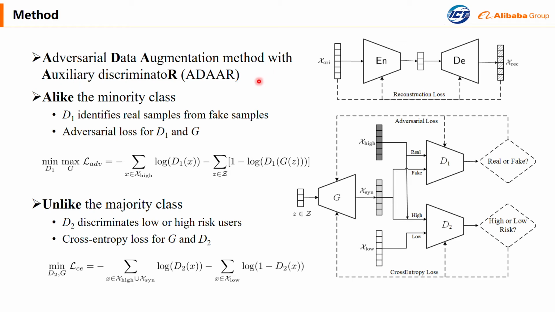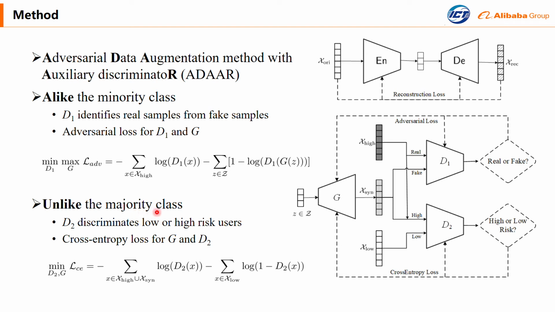Three key components of our framework are generator G, discriminator D1 and D2. To make synthetic samples alike the minority class, D1 identifies the real samples from fake samples, and D1 and G are trained to minimize and maximize the adversarial loss respectively.